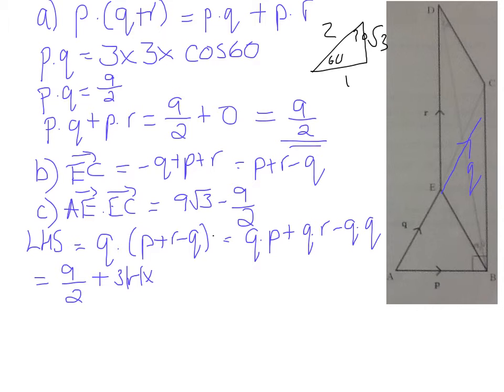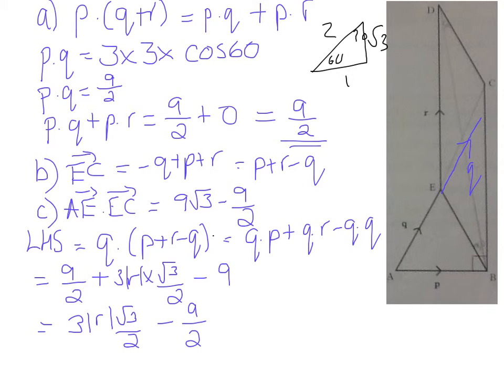And from our exact value triangles, we can see that's root 3 over 2. And minus Q dot Q, which is 9. So let's just rearrange this slightly, tidy it up a bit. So 3 times the magnitude of R times root 3 over 2. Well, minus 9 plus 9 over 2 is minus 18 over 2, so that's minus 9 over 2 altogether.